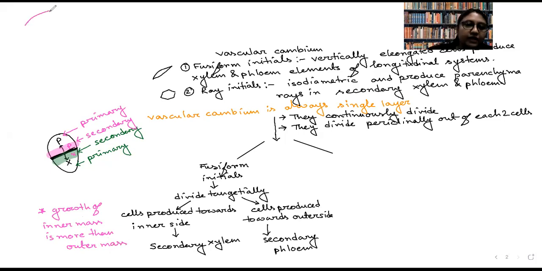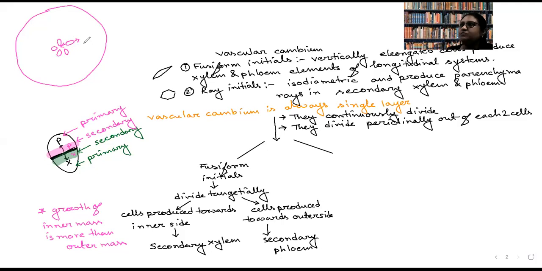Consider a stem, inside which, at the center, small vascular bundles are arranged like this. Now the growth rate at the inside is more than the growth rate outside. So inside, does it have any place to accommodate itself? No. So what will happen? Ultimately the pressure will come outside.